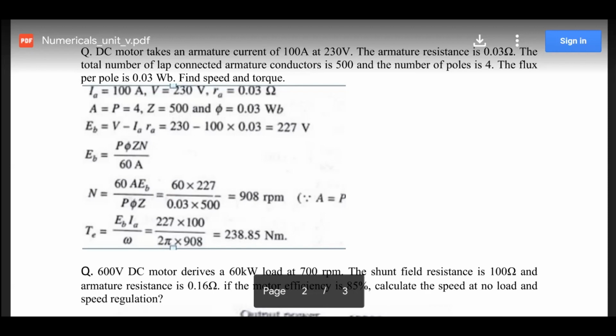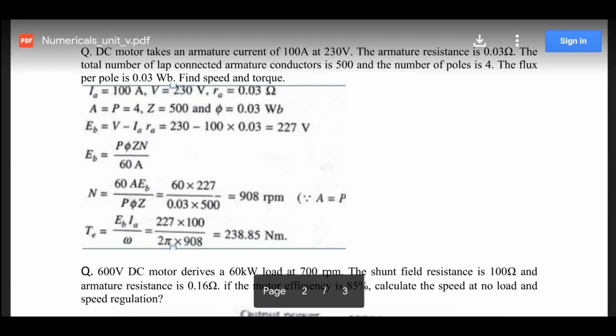Now, first of all, the EMF is to be calculated. So, as I have told you in the theory classes also, the EMF of the motor is given as Eb. In the generator, it is given as Eg, and in the motor, it is known as back EMF. So, it is denoted as Eb.